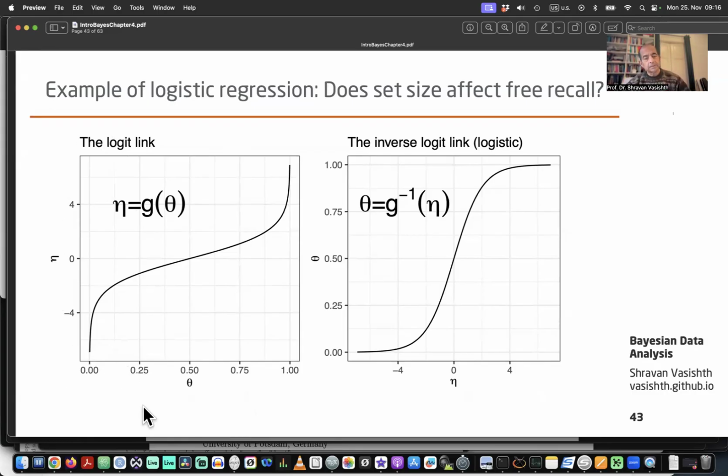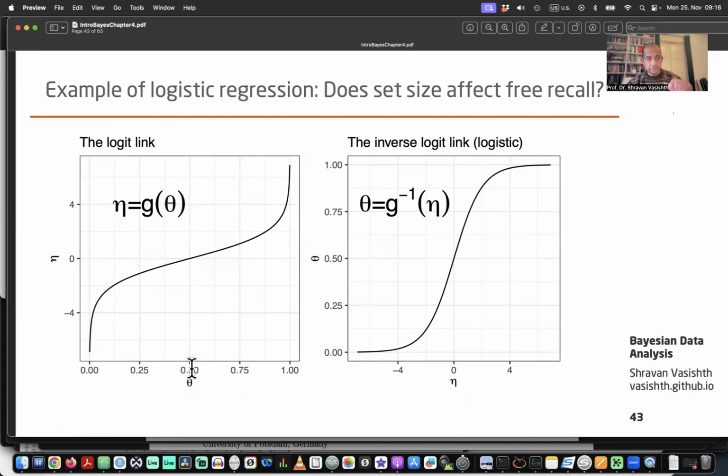So what you can see is that the significance of the log odds transformation is that we go from a bounded range of 0 to 1 for probabilities to an unbounded range going from minus infinity to plus infinity, right? So what this allows us to do is to work in an unconstrained space as opposed to being forced to work in a 0 1 probability space, right?